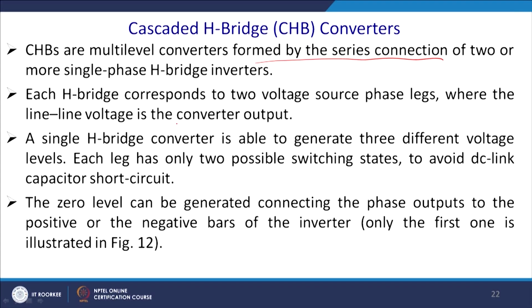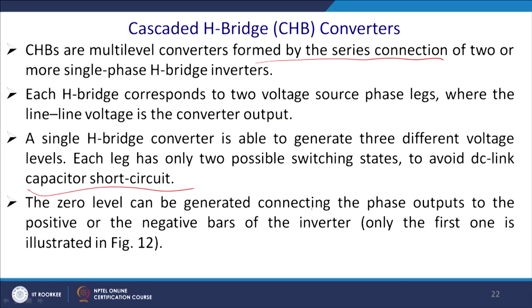A single H-bridge converter is able to generate 3 different voltage levels. Each leg has only 2 possible switching states to avoid shorting the DC link capacitor. One of the disadvantages of the cascaded multi-level inverter is that it requires isolated DC sources.